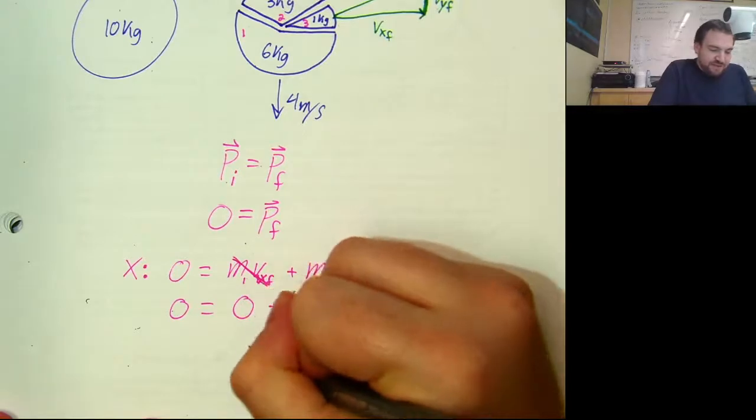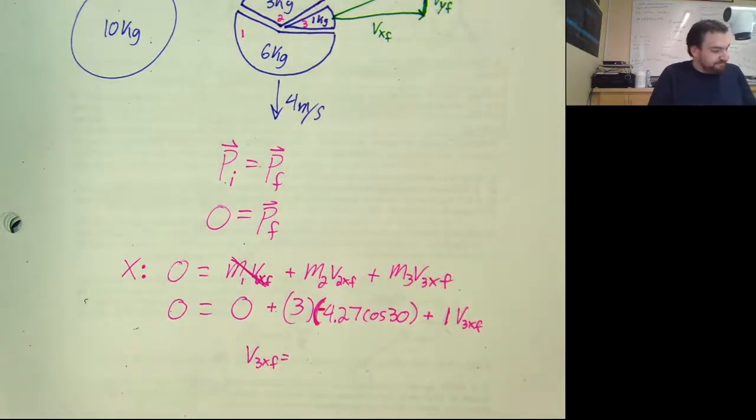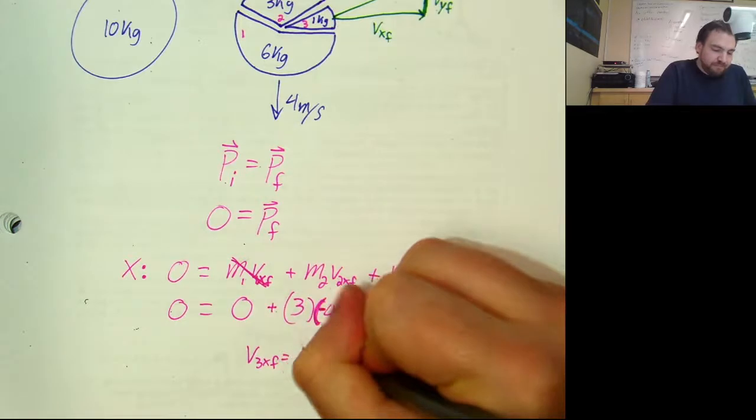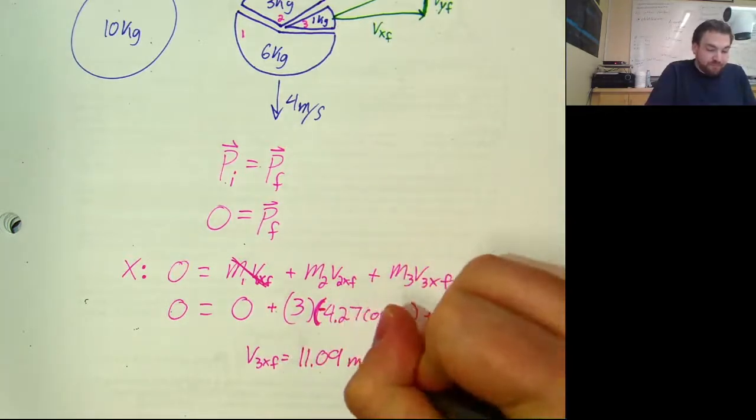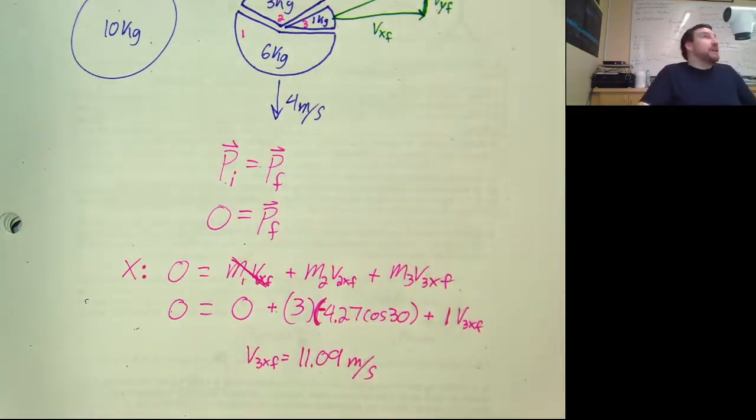So v3x final is what? Which is what, Nathan? You have a calculator in front of you. Yes, sir. Okay, that's 11. Someone verify that it is 11.09. Okay? No, it is not negative.